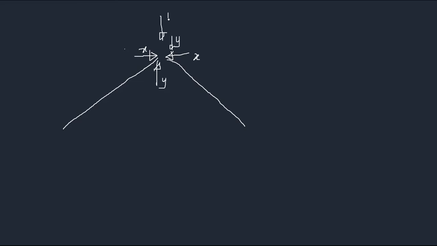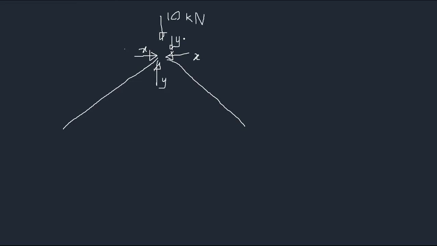If you separate the joint, there will be member forces, right? X, Y, those are all acting at this node, and you have another 10 kilonewtons as well.